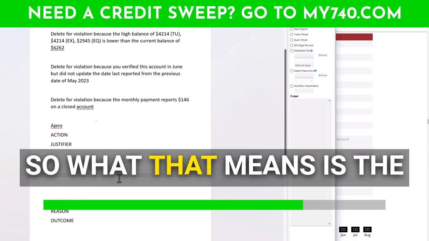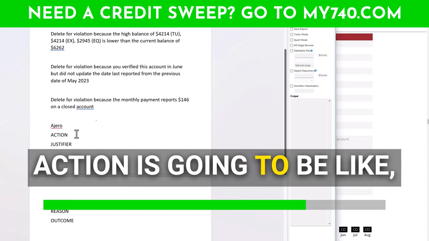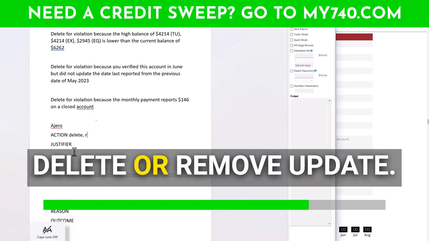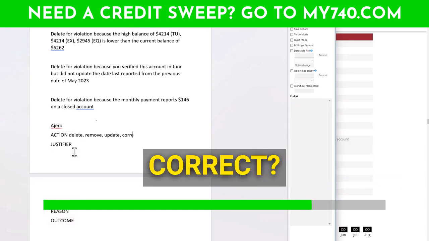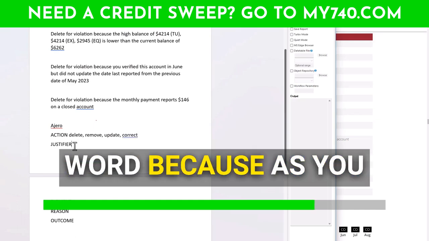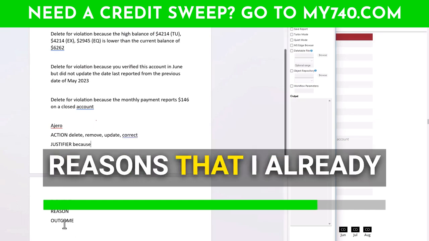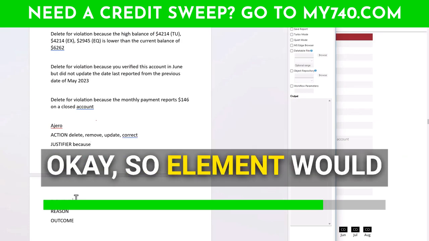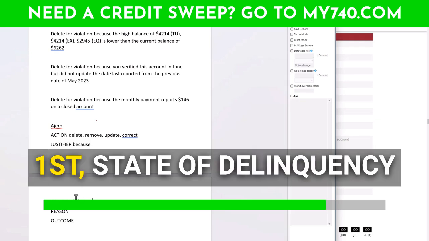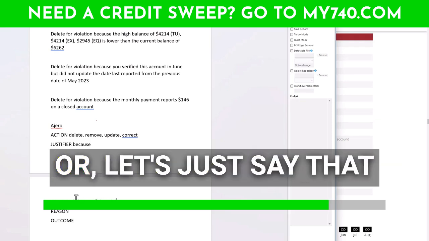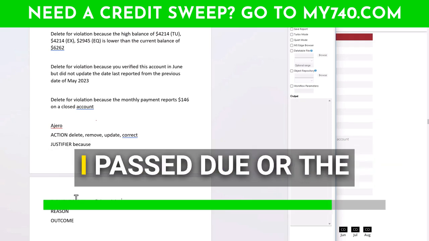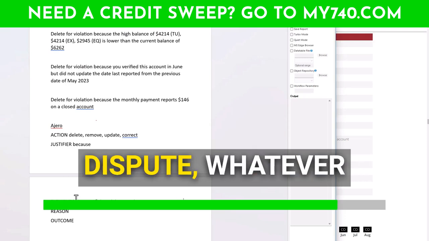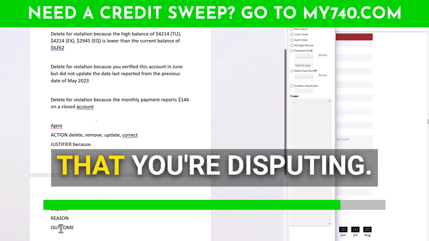Okay, so what that means is the action is going to be like delete or remove, update, correct. Justifier is always the word because. As you can see in my dispute reasons that I already gave you, it follows the formula for each of them. Okay, so element would be like the balance or first date of delinquency, or let's just say the past due or the comments, notice of dispute, whatever part of the account that you're disputing.